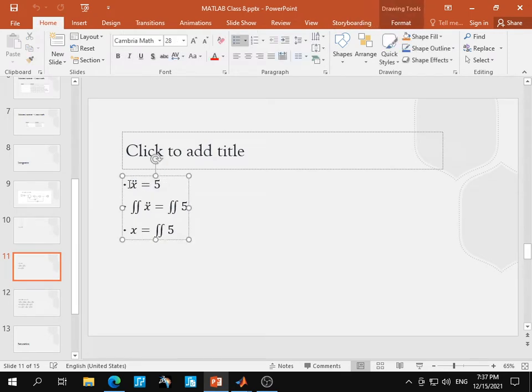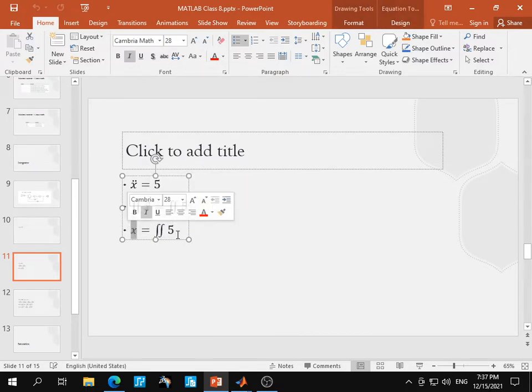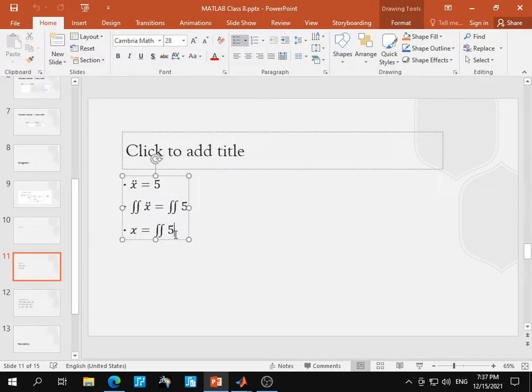So what do we do if we have x double dot equals to 5? We would double integrate it on both sides. So on the left hand side it becomes x, and the right side it will be double integral 5.